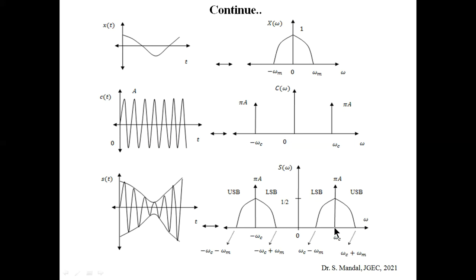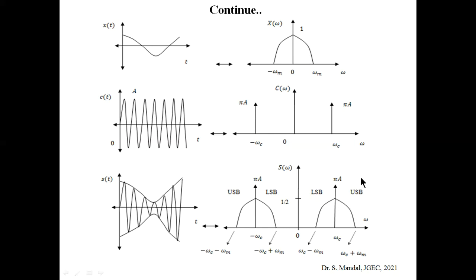Now if we consider ωc as the reference point, with respect to ωc the spectrum has two parts. One is the higher frequency part, and another is the lower frequency part. The higher frequency part exists from ωc to ωc plus ωm, and from ωc down to ωc minus ωm the frequency is lower. You can also use the term frequency band.